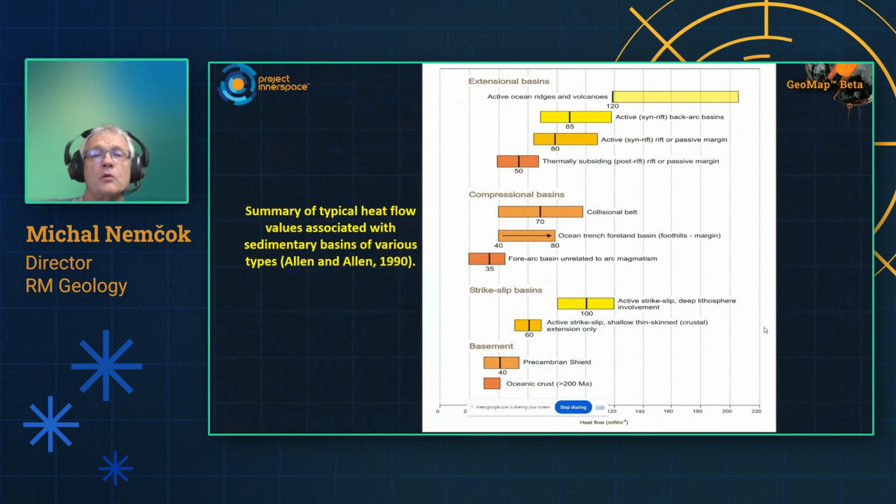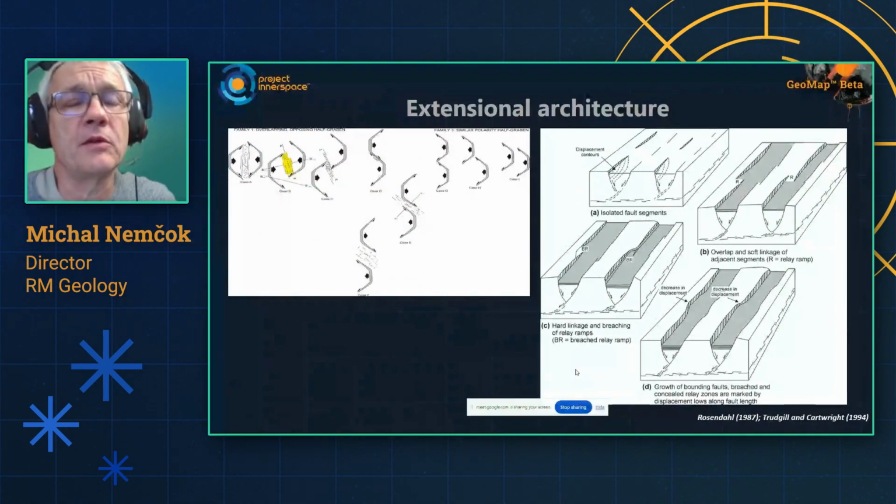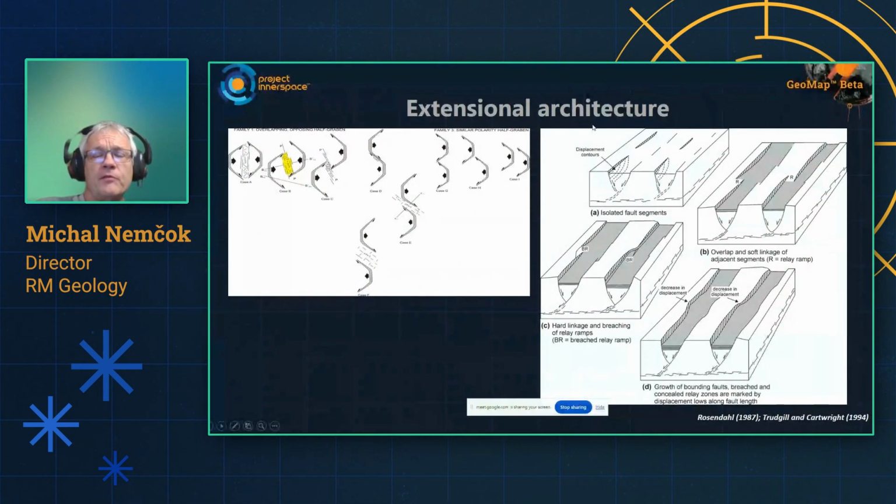So we are basically looking at several key mega tectonic settings: extensional ones, compressional ones, strike-slip ones, and then, since we do onshore, we just look at cratonic regions. We would have different bits and pieces of methods for different types of architecture.